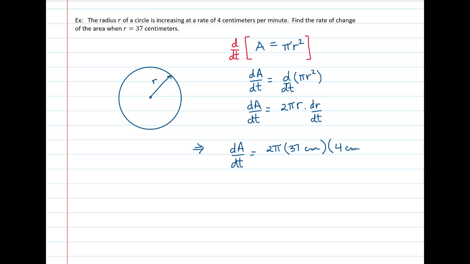There's no ambiguity here. And then the rate of change of the radius is given also by the problem, and that's 4 centimeters per minute. Putting this whole thing in the calculator, we get dA/dt is equal to 929.9 square centimeters per minute. This dA/dt is the rate of change of area.